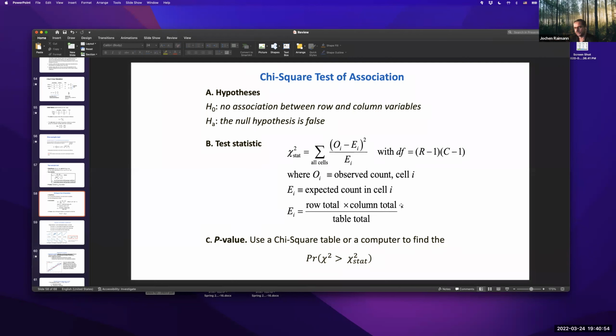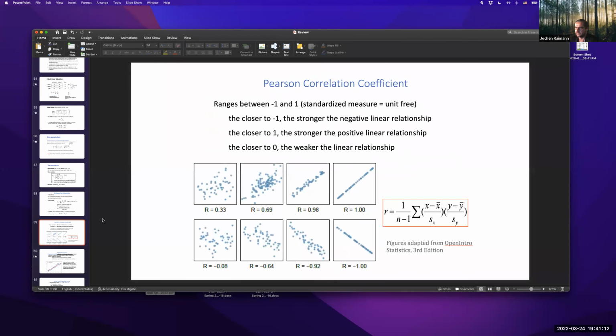Based on this critical value, you will then reject or not reject your null hypothesis, which is that there's no association between the row and column variables depicted in your contingency table. So make sure that you really had a look at this.